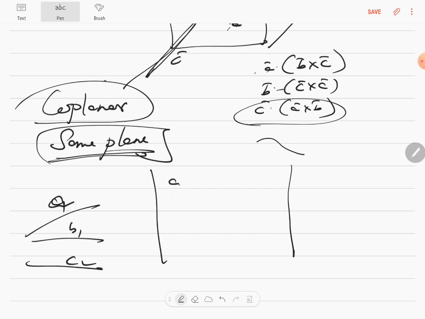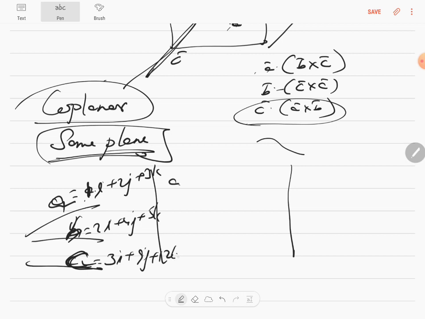This is the A vector, this is the B vector, and this is the C vector. Let's call the A vector 1i plus 2j plus 3k, the B vector 2i plus 4j plus 5k, and the C vector some random 3i plus 9j plus 12k. You know the determinant value has to be 0. That's when there is no volume for the parallelepiped, so it will not be 3-dimensional, it will become a single plane.